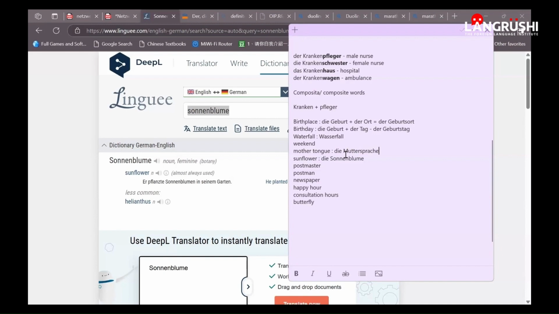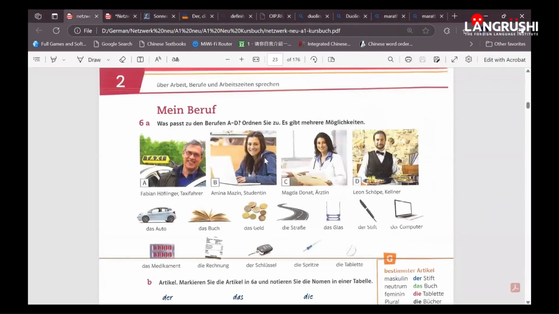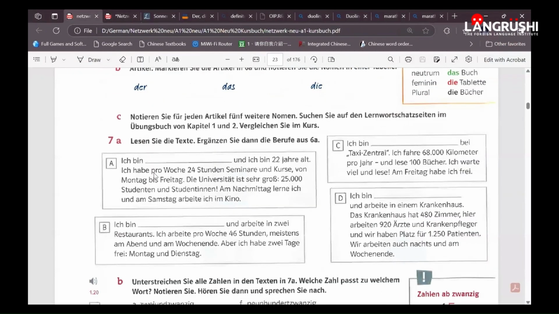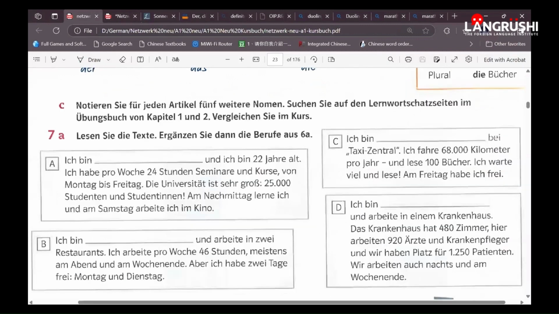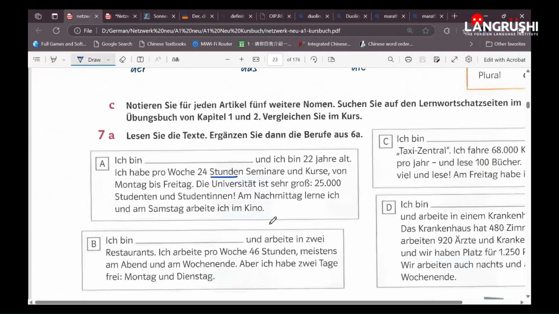One thing we have to make sure is that wherever there is a noun, that letter will always be capitalized. Have you noticed that some words come in the middle of a sentence and they are capitalized? Like this word Stunde.